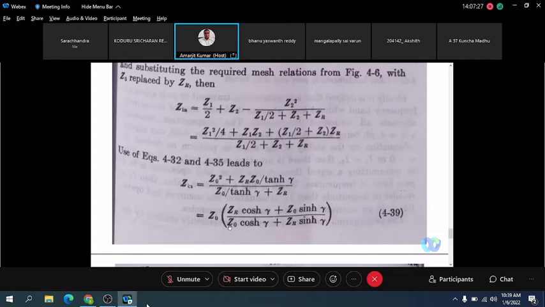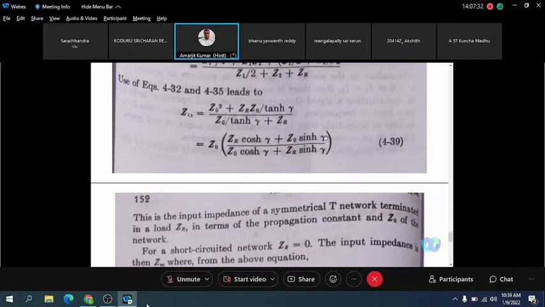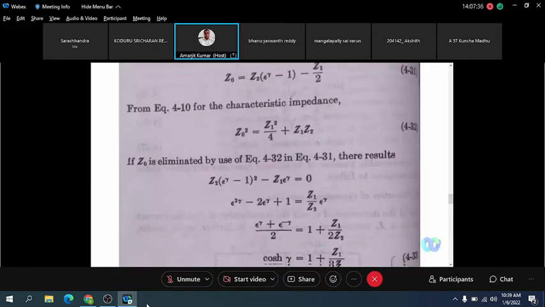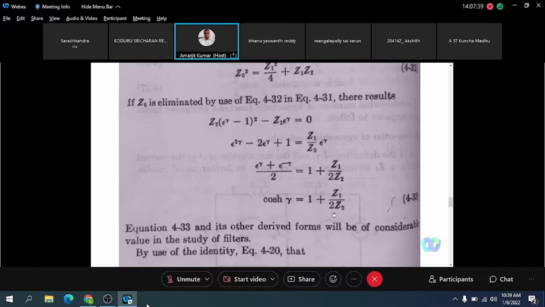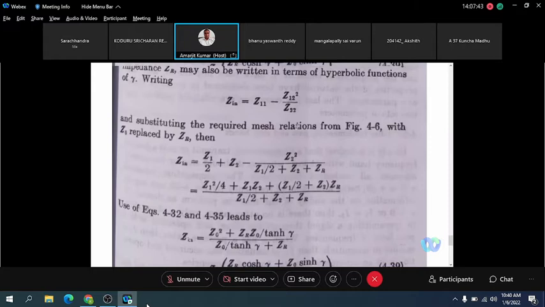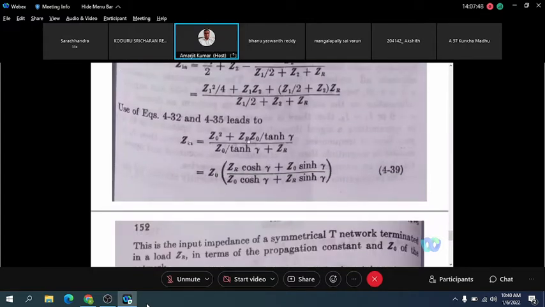Okay. So basically you can write the input impedance with cosh gamma and sinh gamma, which we have also done here. Cosh gamma is equal to 1 plus Z1 upon 2 Z2. Sinh gamma is equal to Z1 upon Z2. So the input impedance will be equal to Z0 into, you can remember this, ZR cosh gamma plus Z0 sinh gamma, divided by Z0 cosh gamma plus ZR sinh gamma. Remember this equation.